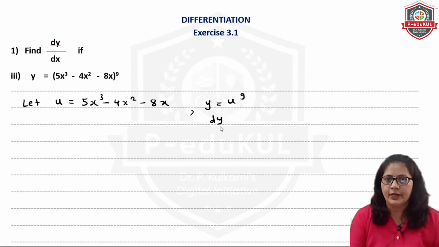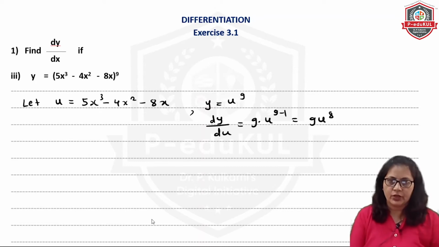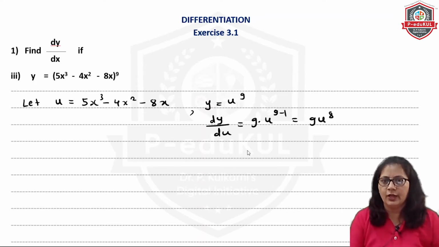Okay, so first I'll differentiate this. So dy by du will be what? 9 into u raised to 9 minus 1. So that will be 9 into u raised to 8, correct? Now I'll put here the value of u as it is: 5x cube minus 4x square minus 8x raised to 8.